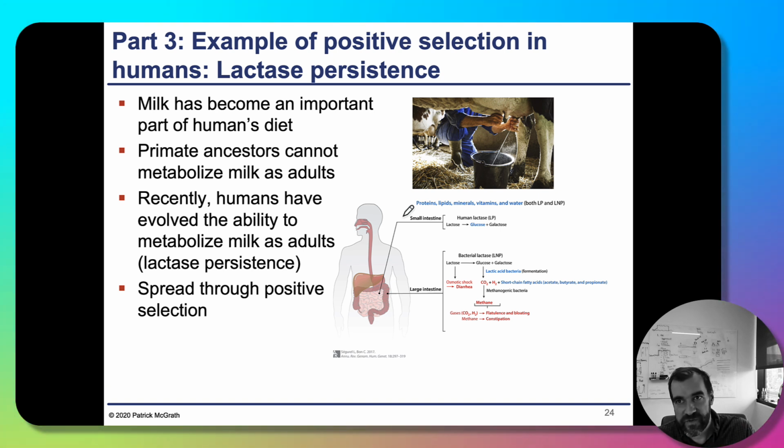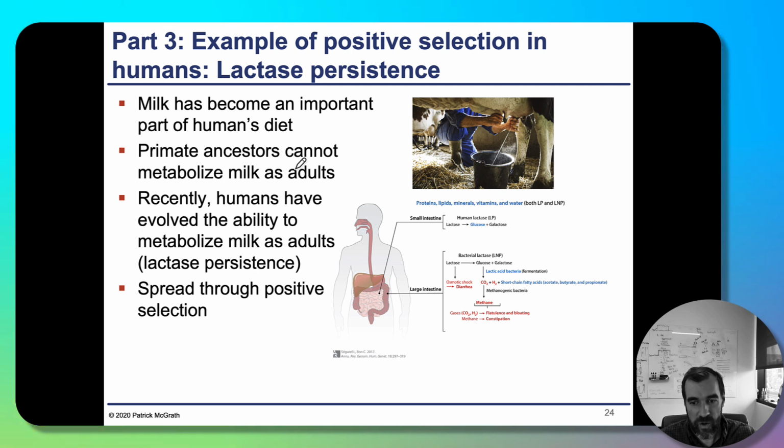A human example of positive selection is lactase persistence. We talked a little bit about this before. Milk has become an important part of humans' diet. We drink milk from cows, from sheep, from goats. But this is very unusual if you look at the mammalian lineage. Typically, only young offspring are able to drink milk.